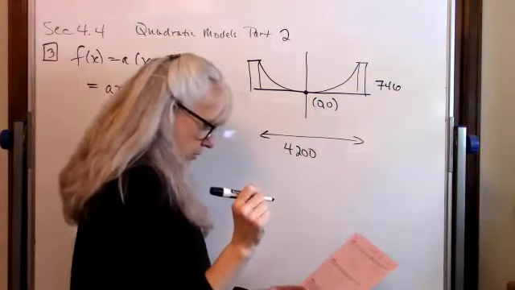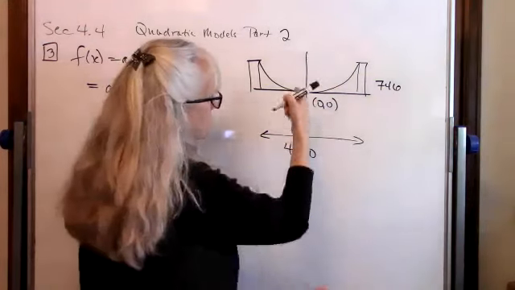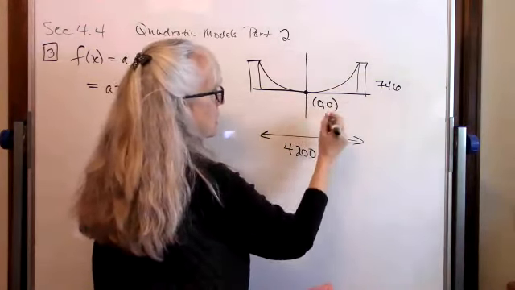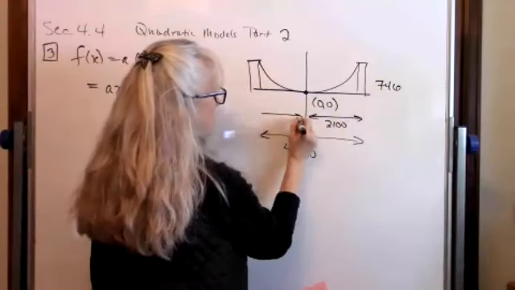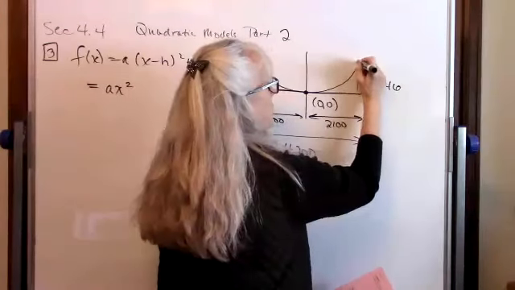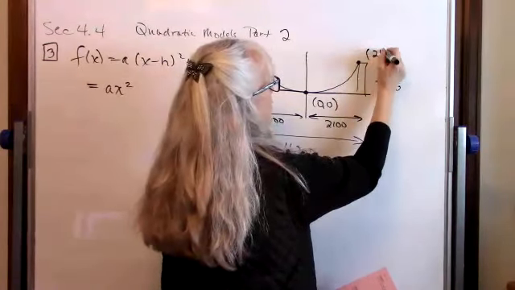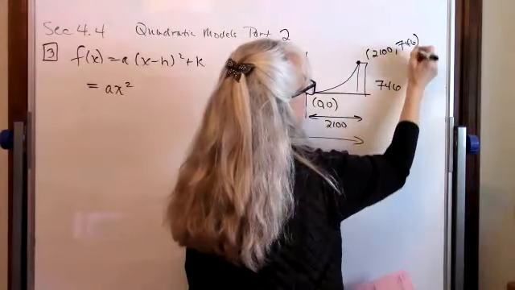Let me double check my numbers. Yes, 746-foot tall towers, 4,200 feet apart. Well, I split that distance. So doesn't that make this side of it 2,100 feet? Same on this side. So in other words, I'm trying to find this point up here. And I know that point is at 2,100 in terms of x and 746 in terms of y.